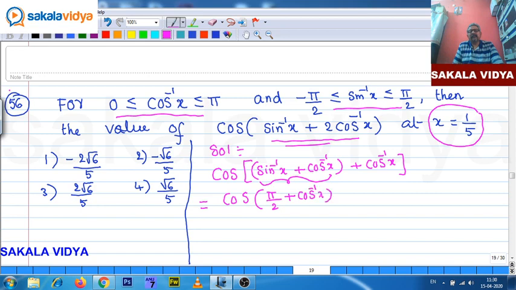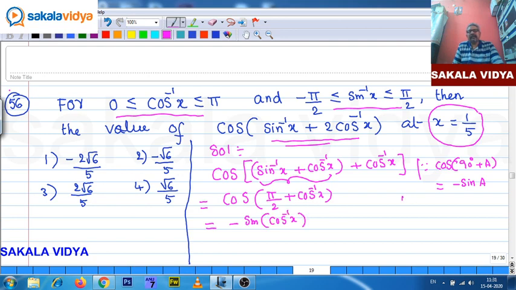So here one interesting fact needs to be remembered. Cos of 90 degrees plus a is minus sin a. Am I correct now? That's why we can write this as minus sin of cos inverse x.